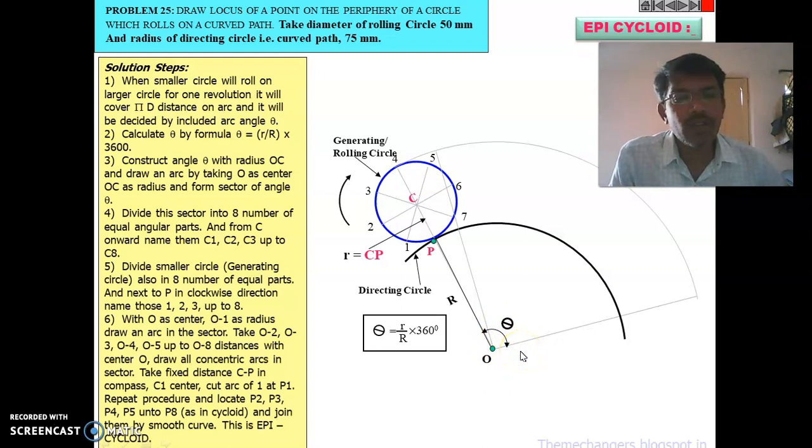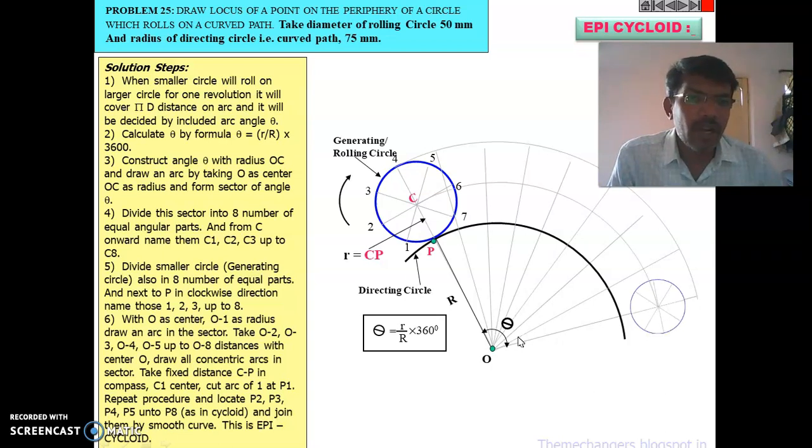Whatever value you get, divide this by the angle bisecting method, draw the different locating points, and also name the different lines.